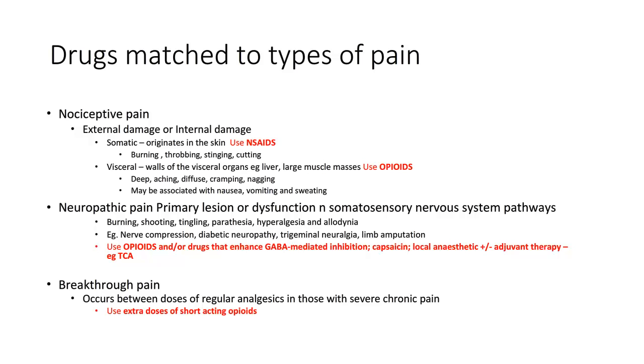There is also the breakthrough pain, where people want their analgesics earlier than the timeline for redosing allows for, which often happens in those with chronic pain. And so this is where they might use other types of drugs or introduce some short-acting opioids to tide people over that gap in analgesia.